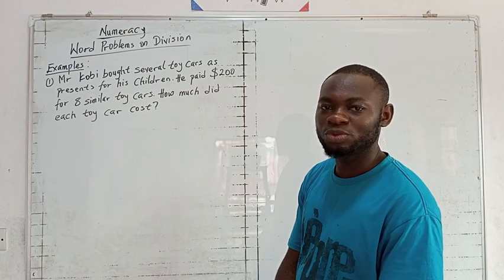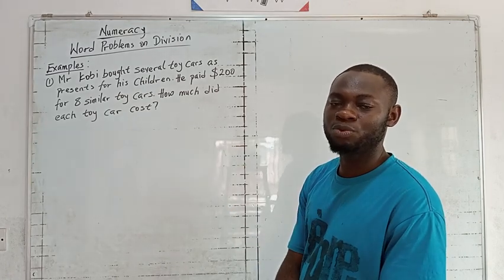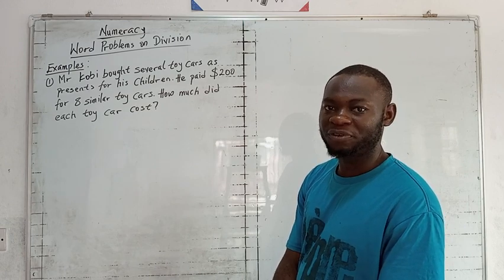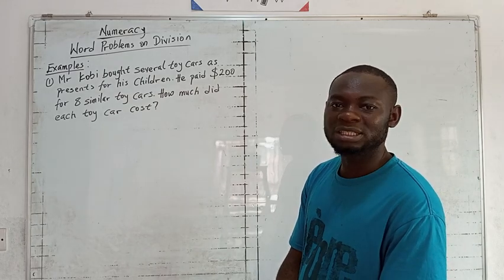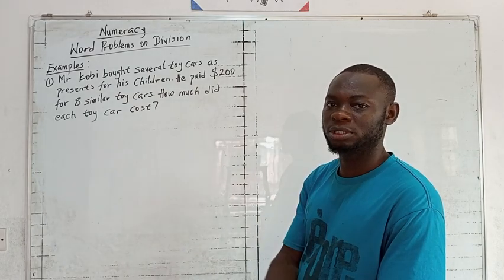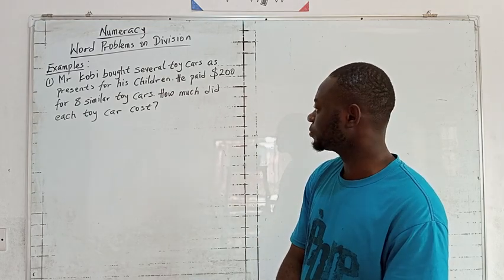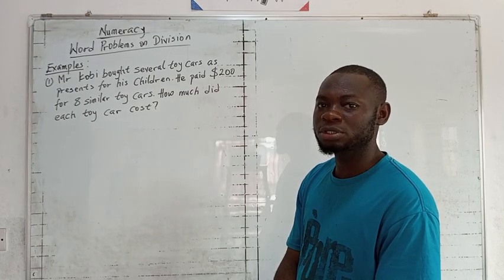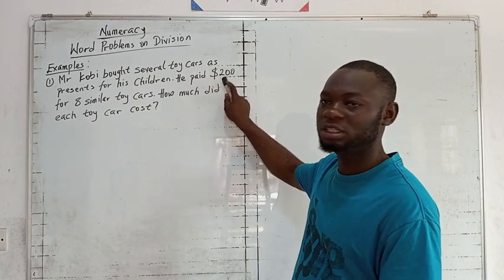Now, if you watch this question, you see that there is a similarity between this and when we learned application of multiplication table. So the first thing, just as we did before in multiplication, is to identify the two variables and the relationship between those two variables in the equation. From this question, the two variables are toy cars and the amount.